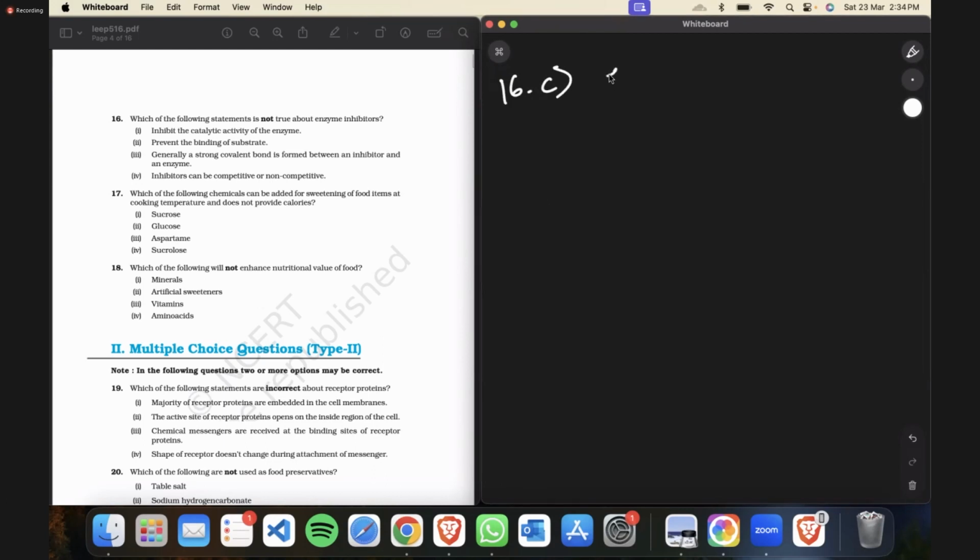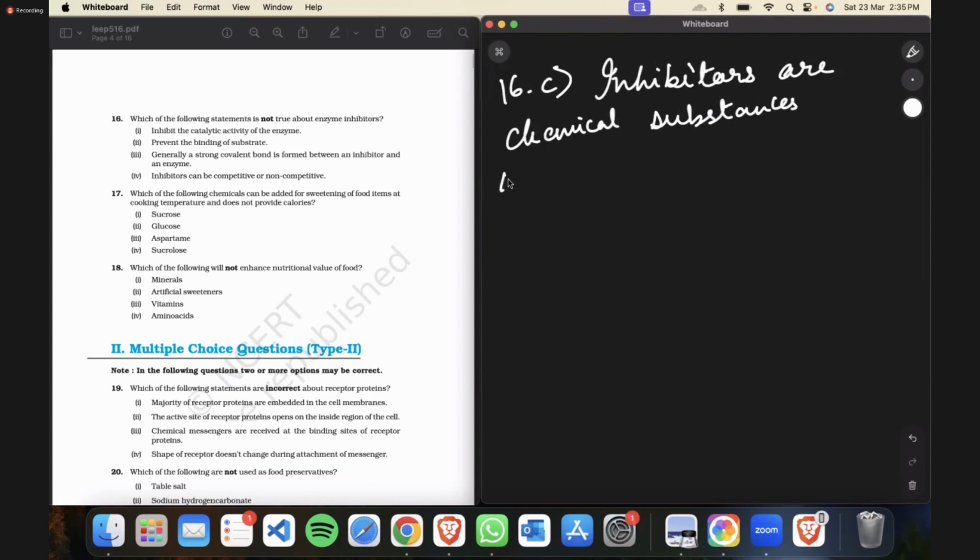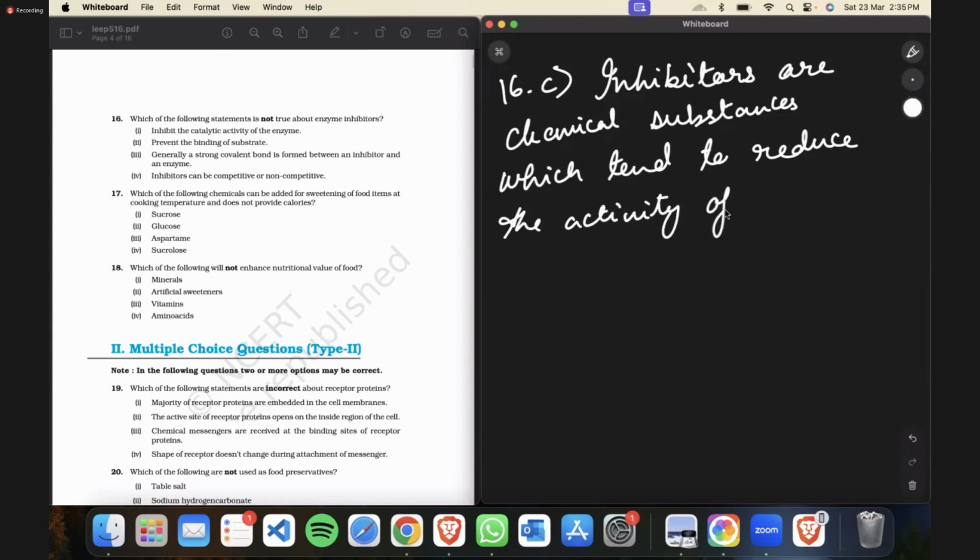So the theory behind it is that inhibitors are chemical substances which tend to reduce the activity of a particular enzyme.